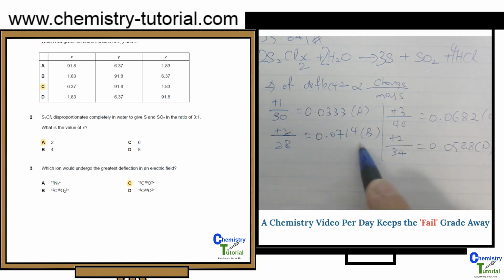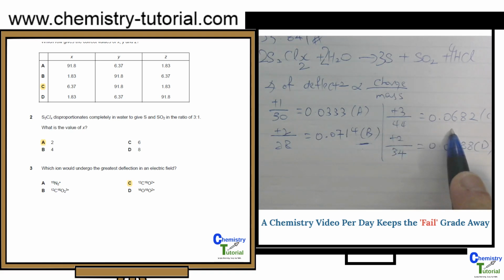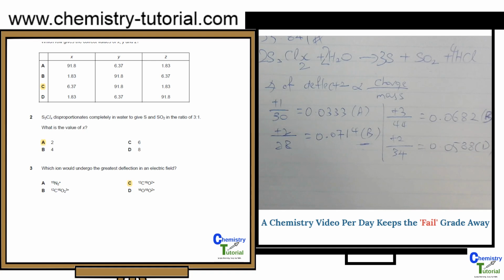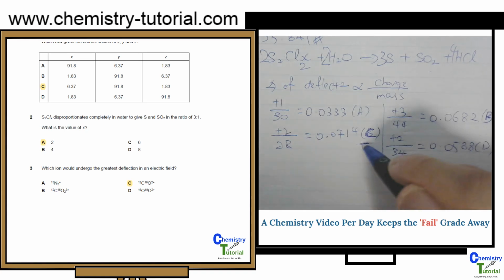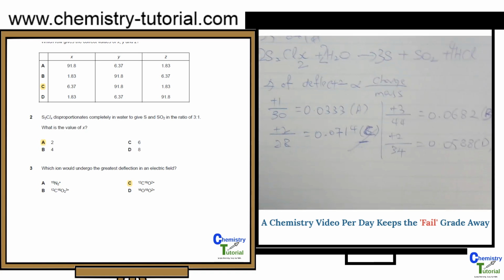Otherwise I should be choosing B, right? But the answer is C. I realized I made a mistake. I put it wrongly, sorry about that. 1 over 30, that's for A. Then B is the carbon dioxide, so it's 44. Then C is over here. Yes, correct. So therefore, you have to choose the one with 0.0714. Therefore, the answer for this is C.